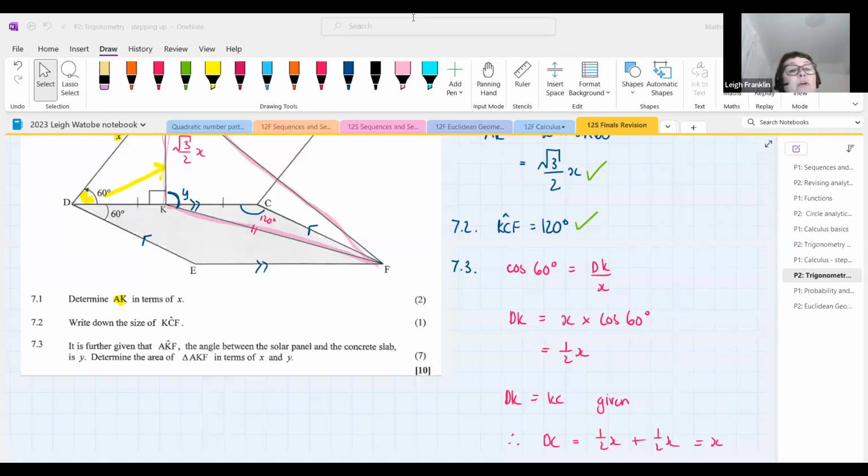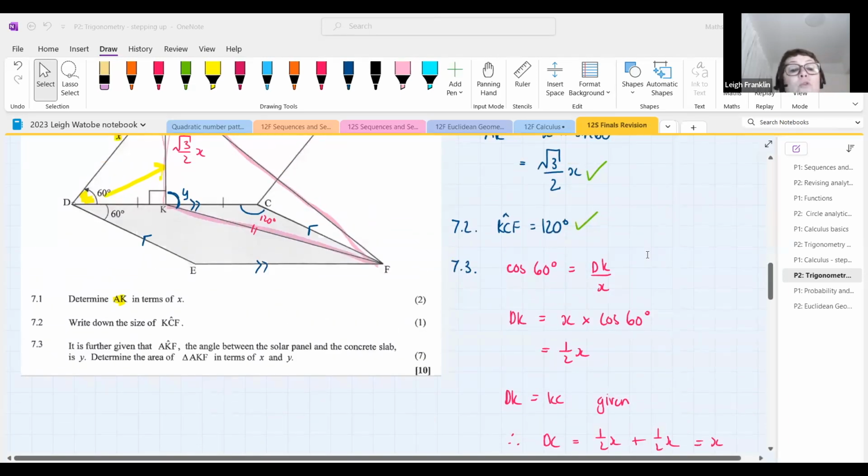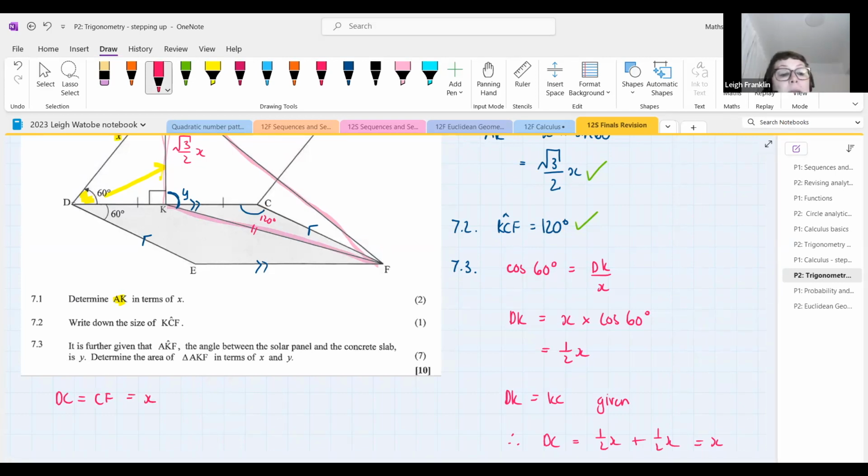Now we're going to go into triangle KCF, and you were saying that we need to use the cos rule. Okay, you are quite right. But before we do that, we are going to say that DC equals CF equals X, because we have been given that EFCD is a rhombus, and we know that in a rhombus all four sides are equal.